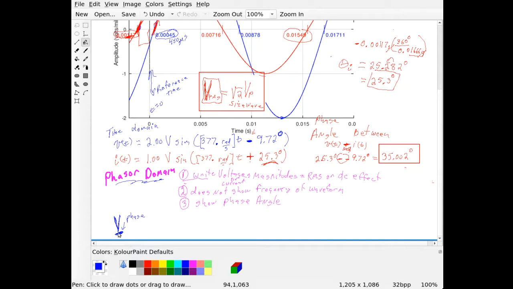So we use a capital letter and a line to indicate that it's a phasor. This is a voltage phasor.